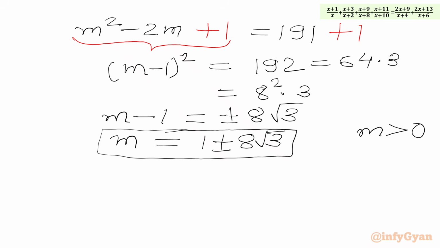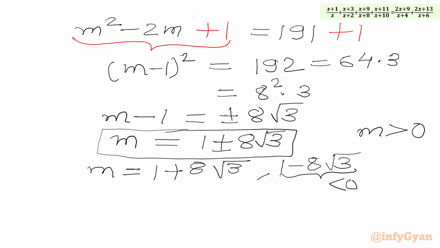So I can write here m equal to 1 plus 8 root 3, m equal to 1 minus 8 root 3. 8 root 3 is bigger than 1, so this quantity would be negative. We are going to reject it. So our accepted m would be m equal to 1 plus 8 square root 3.